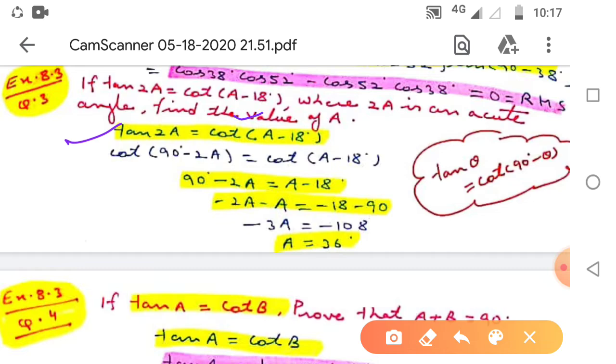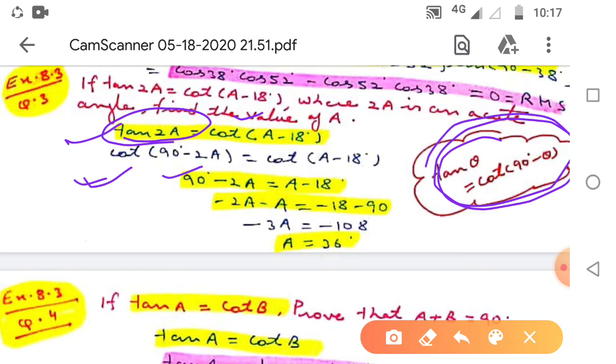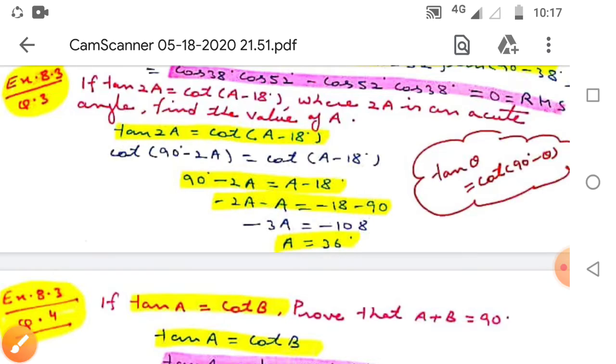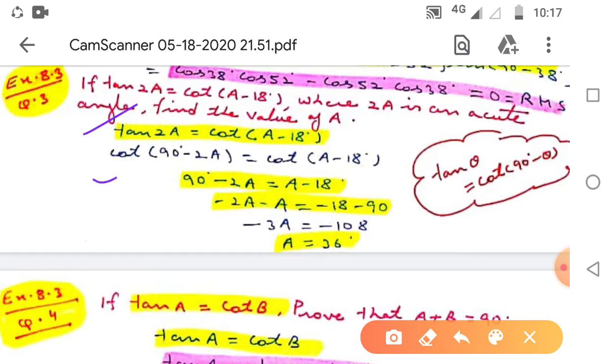So we cannot compare this. If we wish to compare the angles on both sides, there should be the same trigonometric ratio. So instead of writing tan 2a, we write cot 90 minus 2a, because tan theta is equal to cot 90 minus theta.